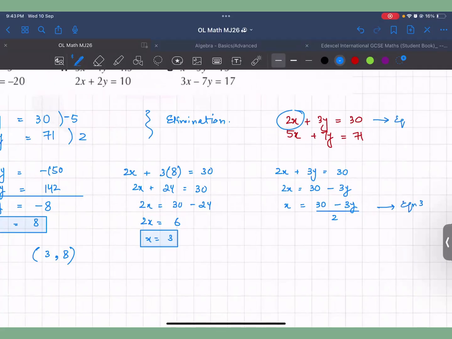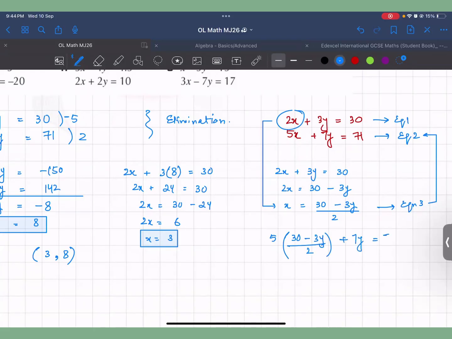Now you would substitute this equation 3 in equation 2. You use the first one to form 3, and now you put it in the other equation. So this would become 5 times (30 minus 3y) upon 2 plus 7y is equal to 71.